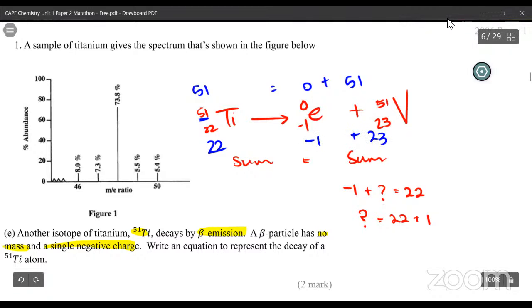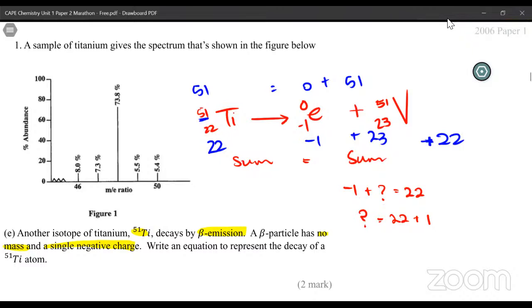A negative number and a positive number, you're going to subtract the numbers and keep the sign of the bigger number. So you're going to subtract 1 from 23, and that will give you 22. And since 23 is the bigger number, you know that the sign is going to be a plus sign or the positive sign. So that's how you know if you're right. So 22, 22, 51, 51. Your answer is correct.